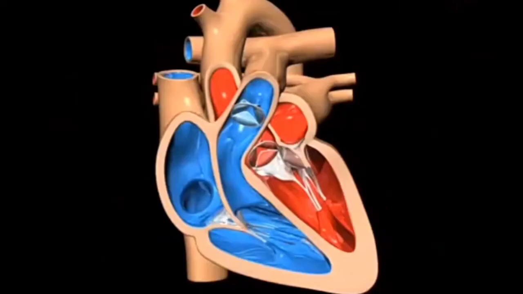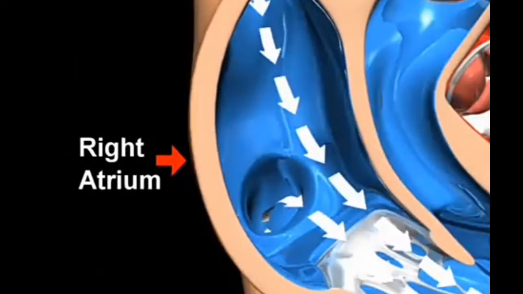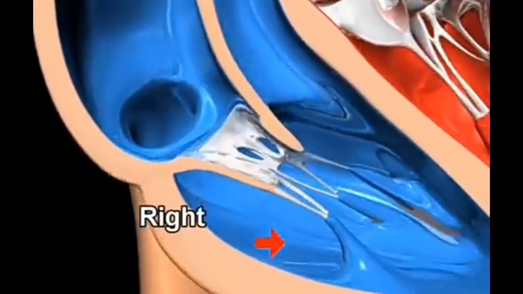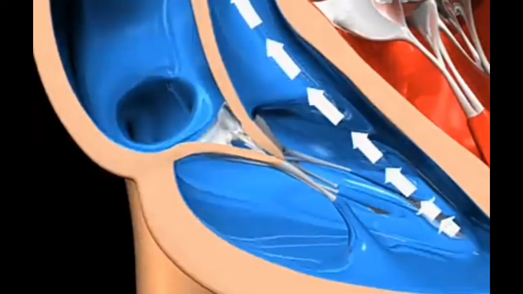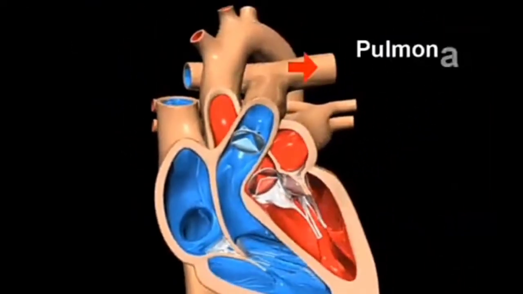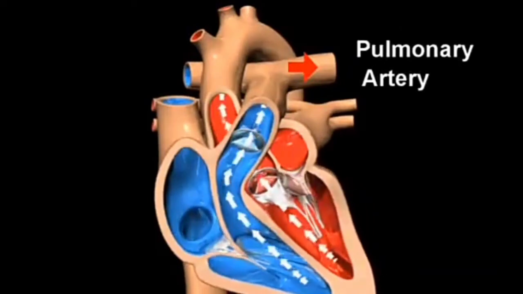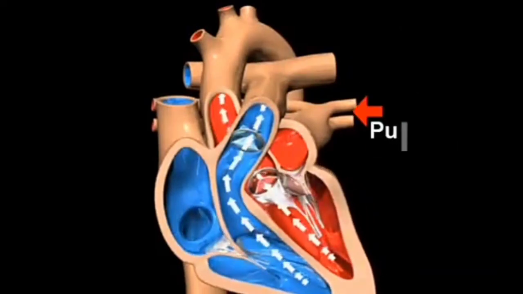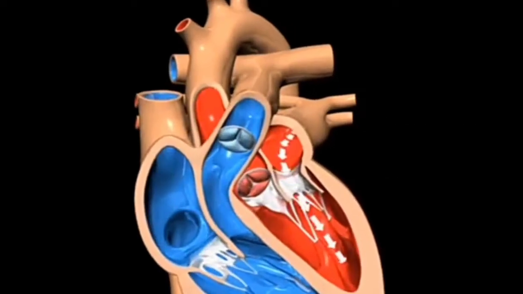We will start with the right atrium, the portal of entry of blood from the superior and inferior vena cava. Then blood passes through the tricuspid valve going to the right ventricle, going to the pulmonic valve to pass through the pulmonary artery, going to the lungs, where blood becomes oxygenated and returns back to the heart, passing through the pulmonary veins.